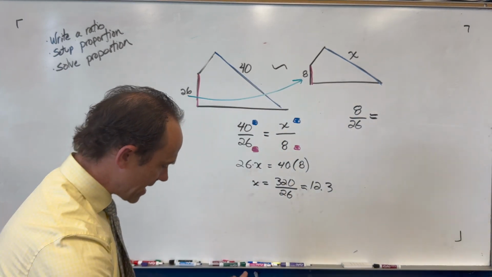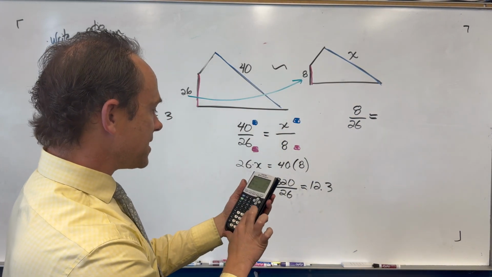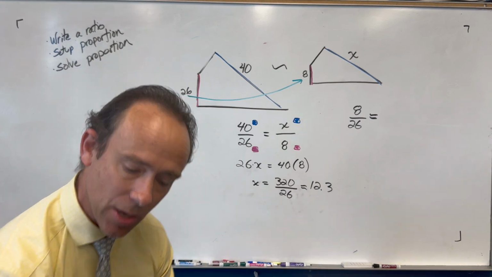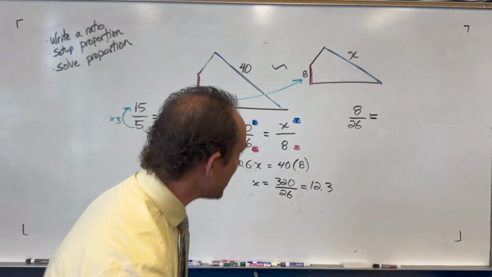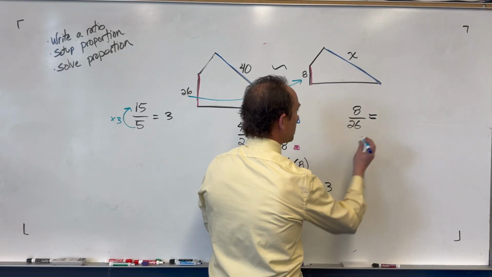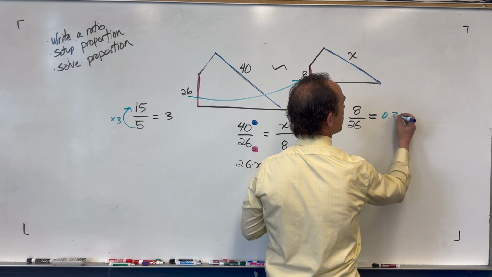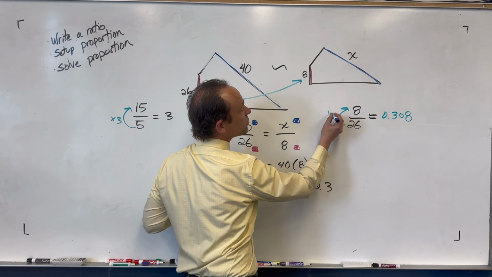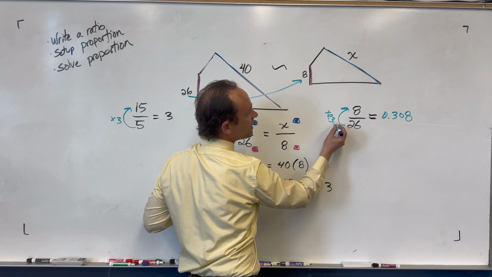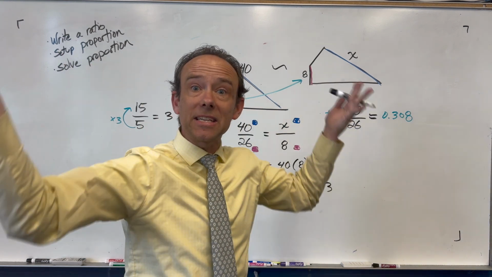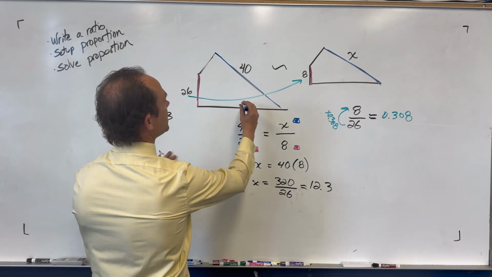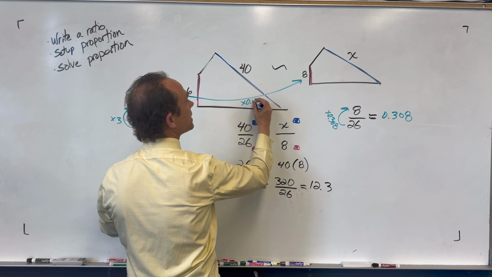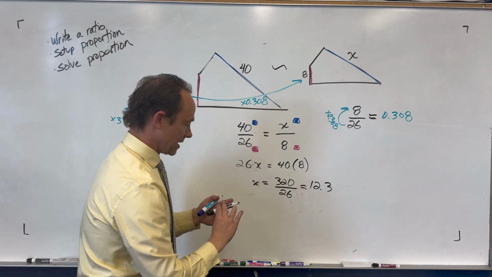So let's see what we have. We got 8 divided by 26, about 0.308. So that is the value that you multiply the denominator by to get to the numerator. So I could come over here and say this is about times 0.308.